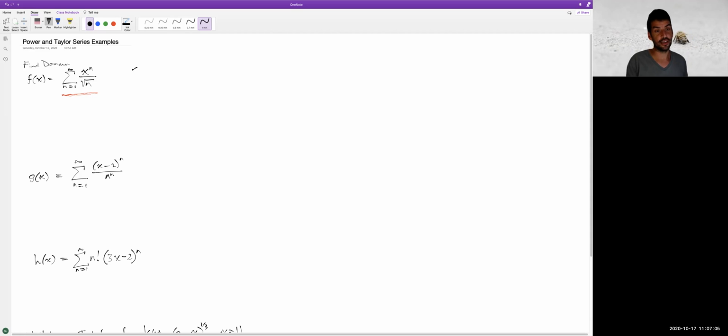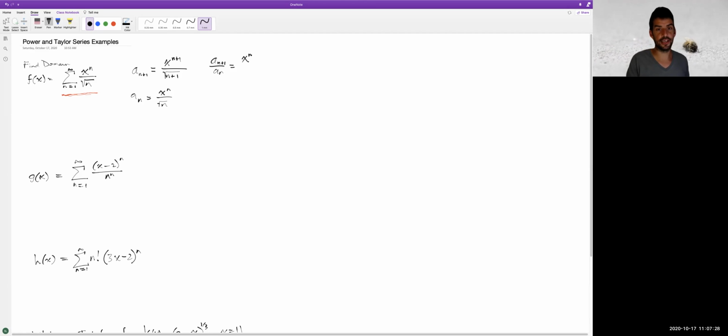So what I need to look at is the n plus 1th term. In this case, x to the n plus 1 over root of n plus 1. The nth term, of course, is just what's written there. When I take the ratio of these two, so a to the n plus 1 over a to the n, what do I get?